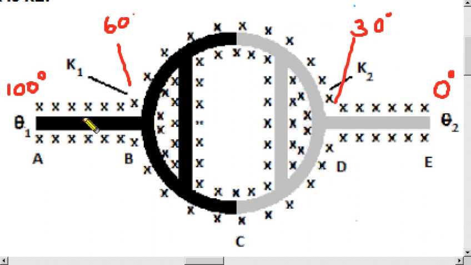So the heat coming along this rod, suppose 50 joules per second. Not joules, 50 joule per second. You can't use plural for units.